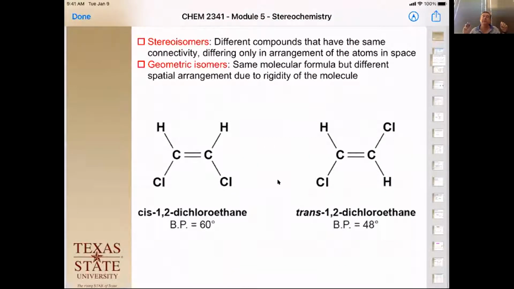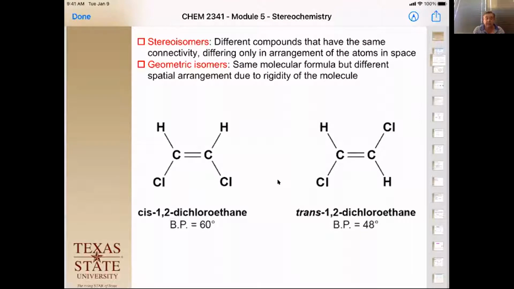Stereoisomers. We see them in things with double bonds when we assign E and Z, but we can also see them in things that don't have double bonds, and we'll assign those later as R and S. Okay. Stereoisomers are different compounds that have the same connectivity, except that some part of space has changed.